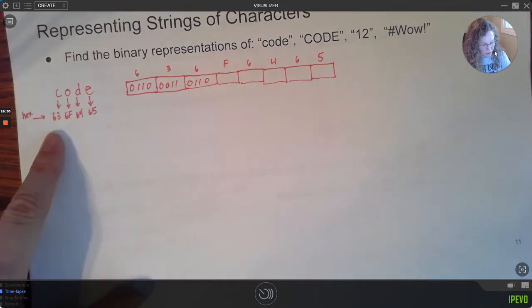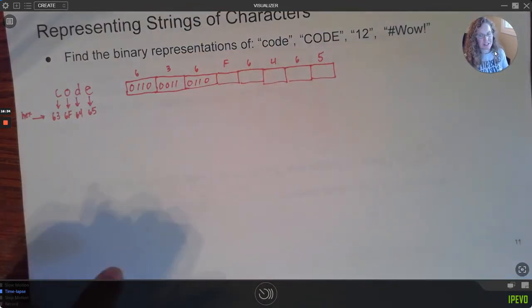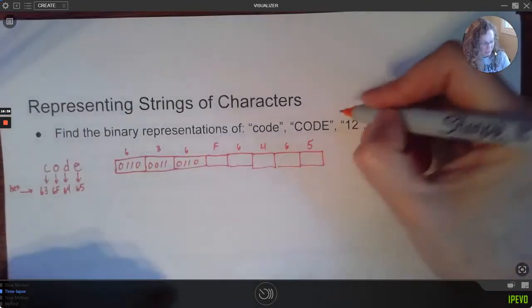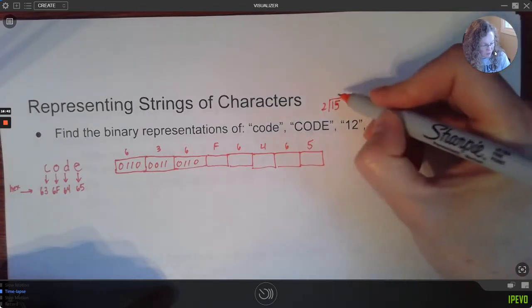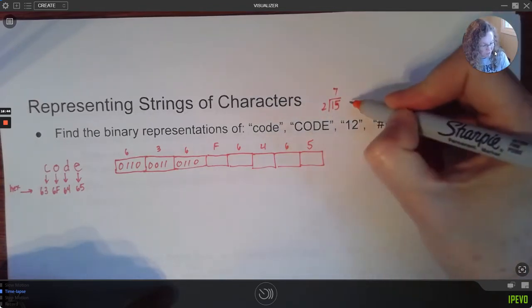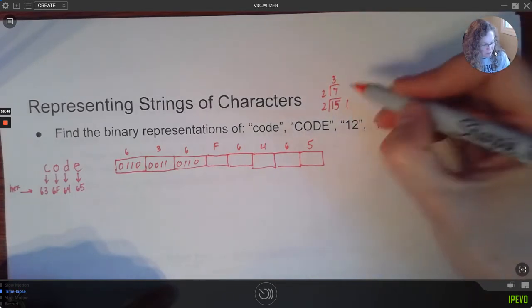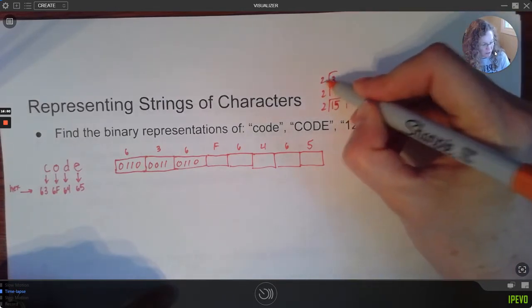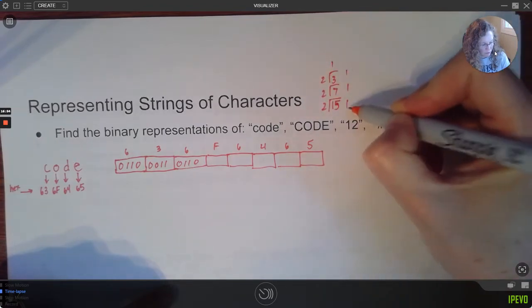It's 2 plus 4. F, that's the 15. That one you might need to do on the side, but 15 goes 7 times into 15 with a remainder of 1. It goes 3 times into 7 with a remainder of 1. 1 time with a remainder of 1. So 1, 1, 1, 1.